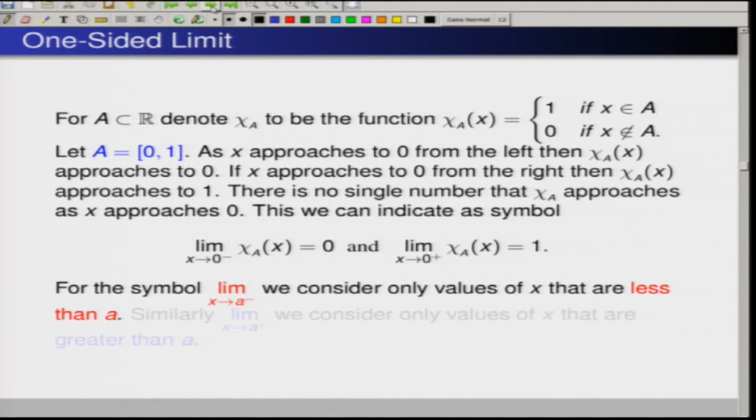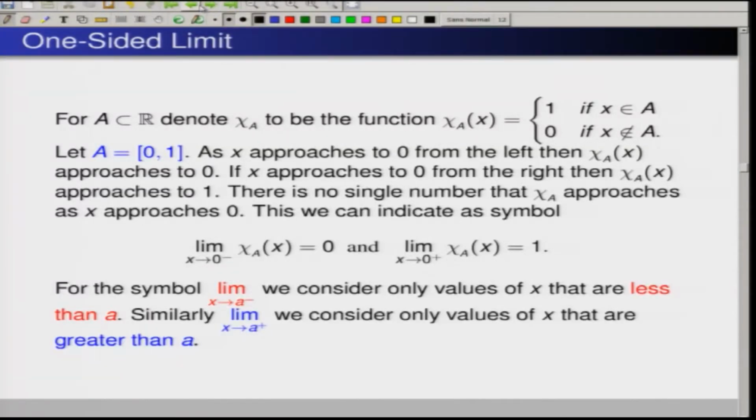For the symbol limit x goes to a minus, we consider only the values of x that are less than a. Similarly, for limit x goes to a plus, we consider the values of x greater than a.